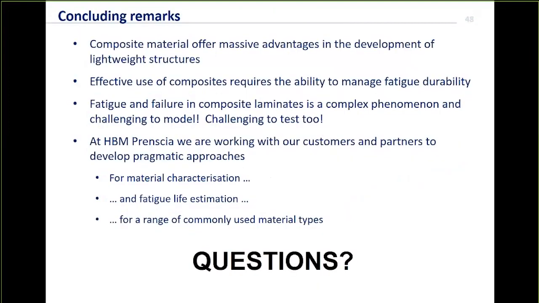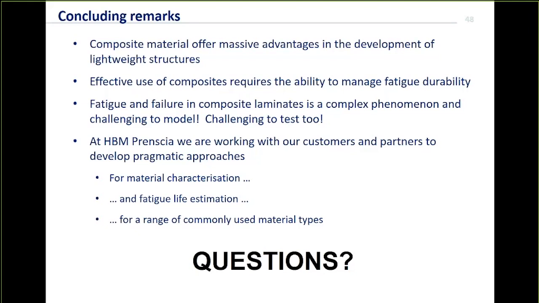Okay, we've gone on a little longer than I anticipated, but I'll make some concluding remarks. Just to sum up, composite materials offer massive advantages in the development of lightweight structures, but effective use of these composites requires the ability to manage fatigue durability. So that means managing the durability somehow by a combination of simulation and test.